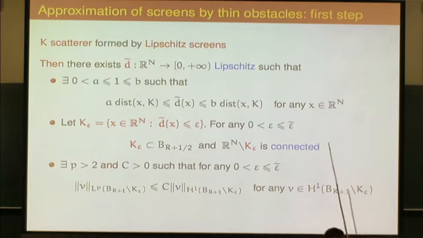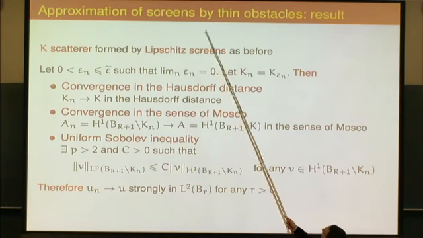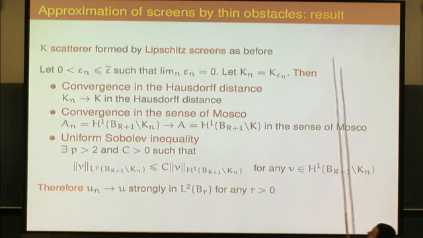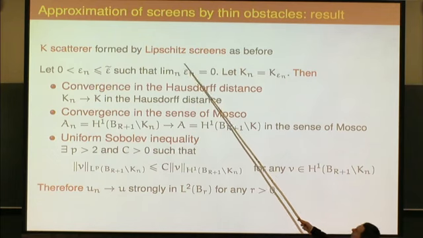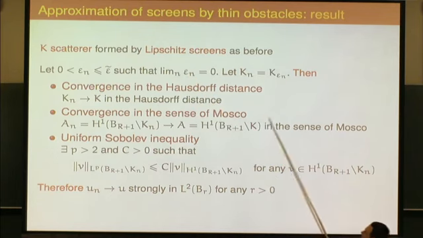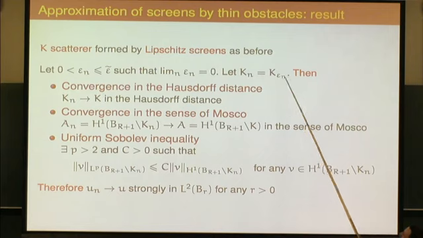And this leads you to the following result. So you can approximate a screen by using thin obstacles in the following way. You take, as before, a scatterer formed by Lipschitz screens, and then you take a sequence of K_n, which are simply K epsilon_n, where epsilon_n is a sequence going to 0. And then you immediately have the following three conditions.